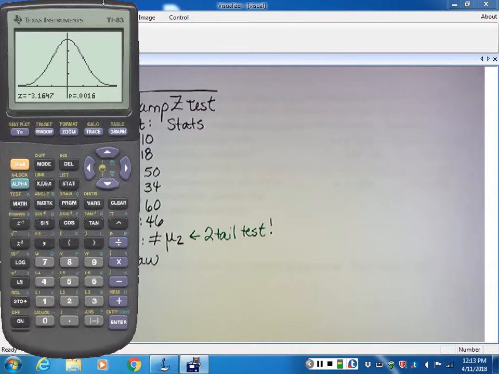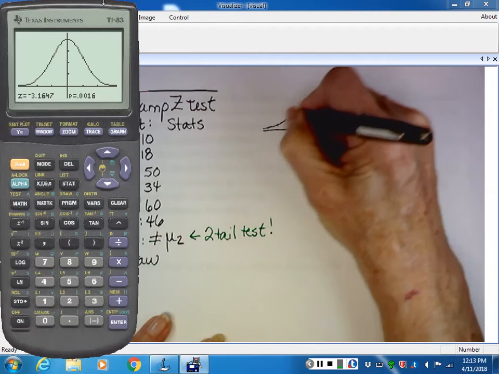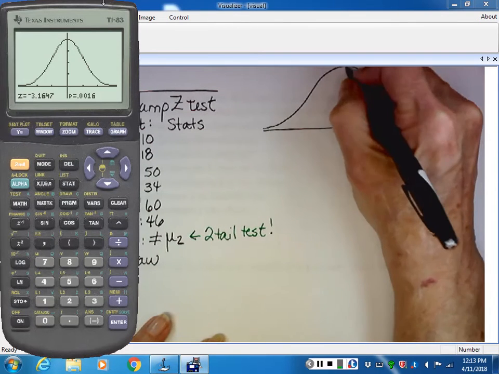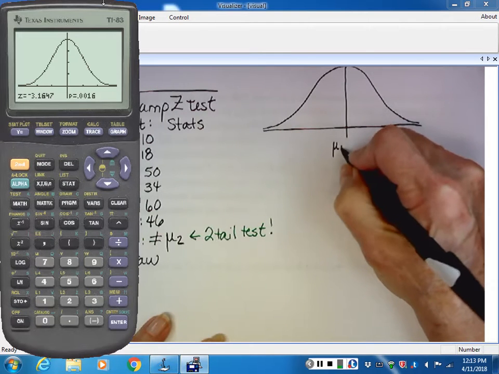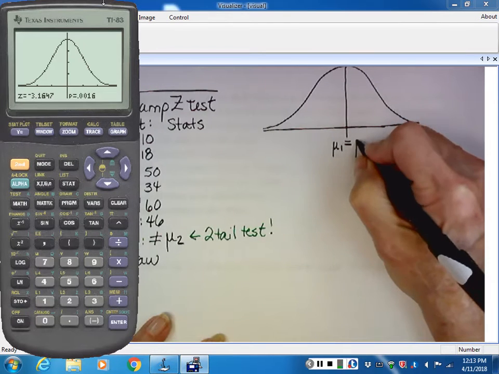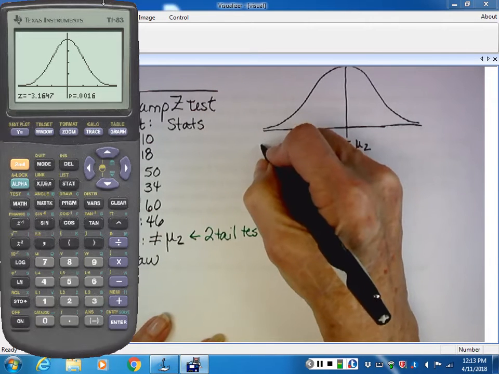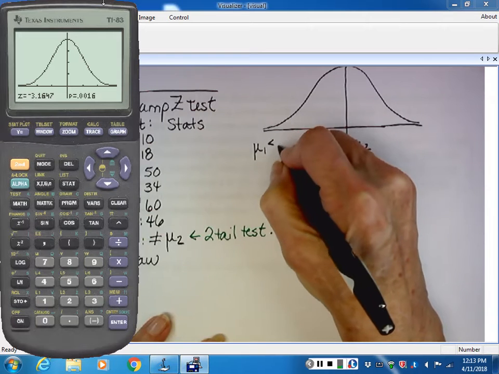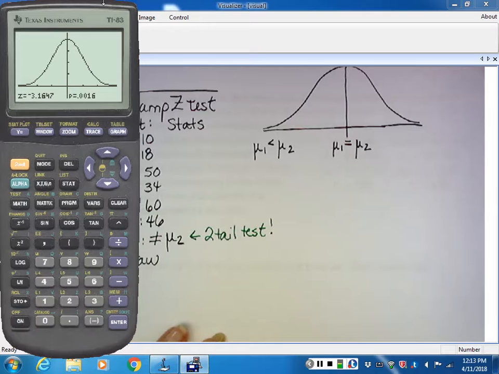So let's look at this picture and see what it tells us. The center of the curve is where the two of them are equal. This is where the differences are negative. One minus 2 would be negative because 2 is bigger.